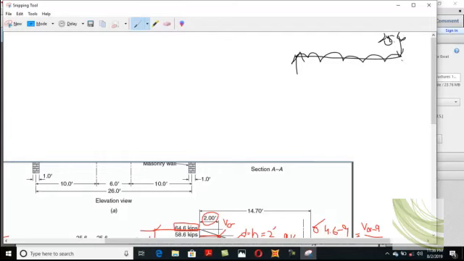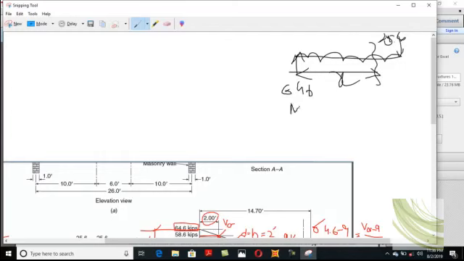Clear? As your cutoff point will be roughly in this zone, you will consider the distance x. And this reaction is 64.6 kip.